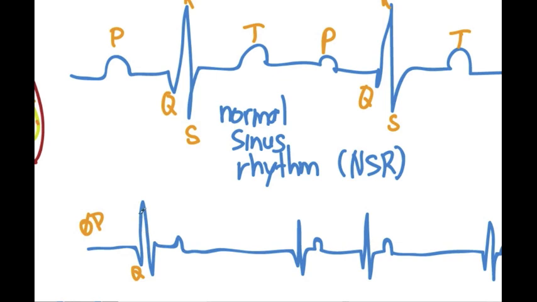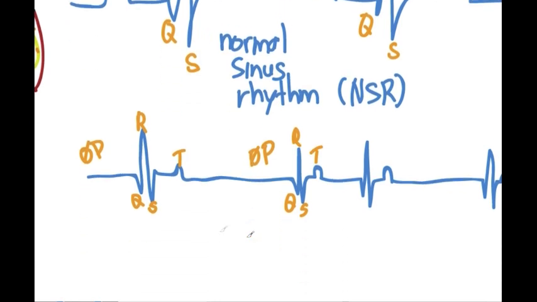But there is a QRS complex and a T. Again, there's no P. QRS, T. No P, no P. So this, without that standard P, QRS, T, is not normal sinus rhythm. We'll go over what this is in a future podcast.